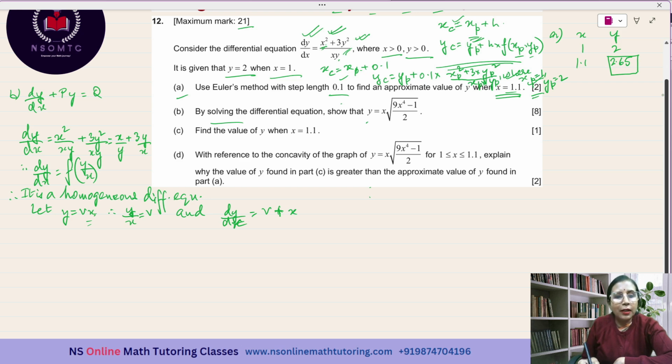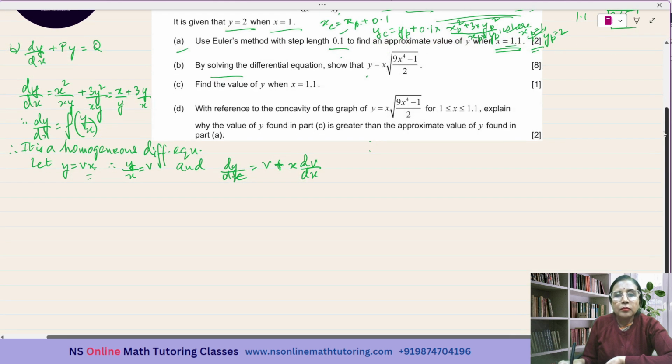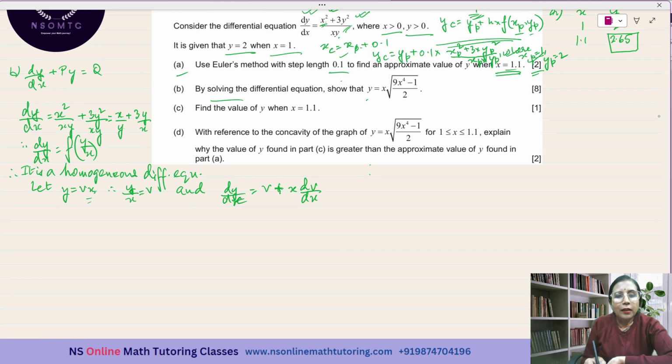If v was a number, then it would have been the coefficient, we wouldn't have needed the product rule. So this is x and dv by dx. Okay. So we are having this expression for dy by dx, as well as we are having this expression. Okay, dy by dx is equal to x over y plus 3y over x. So I can equate them. This may be 1 and this may be 2.